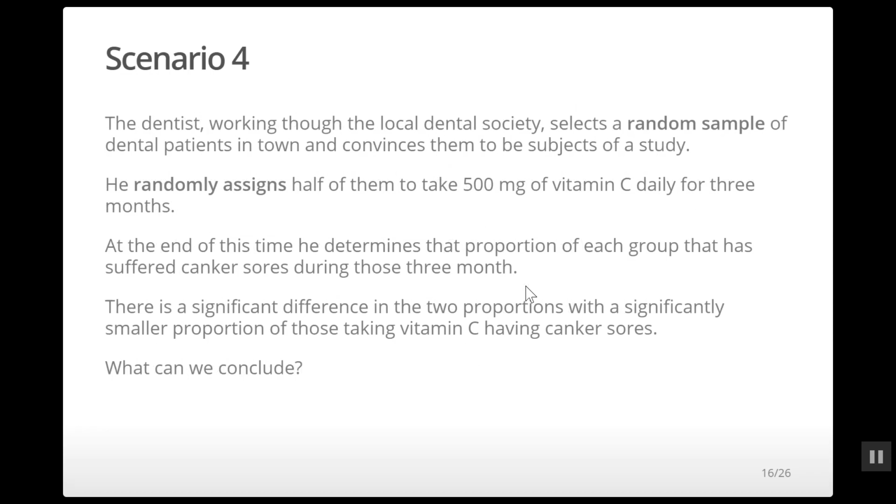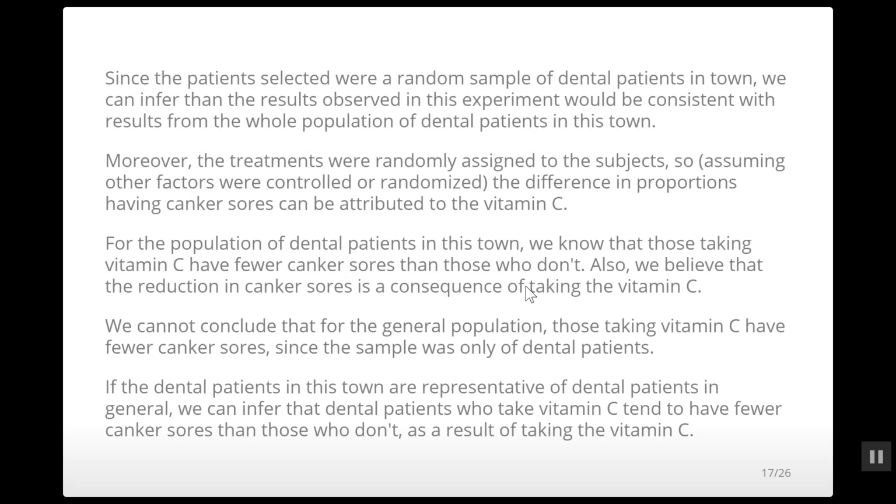And then in our last example, we have obtained a random sample of dental patients, and we do random assignment of the treatments. We look at the end of our study.